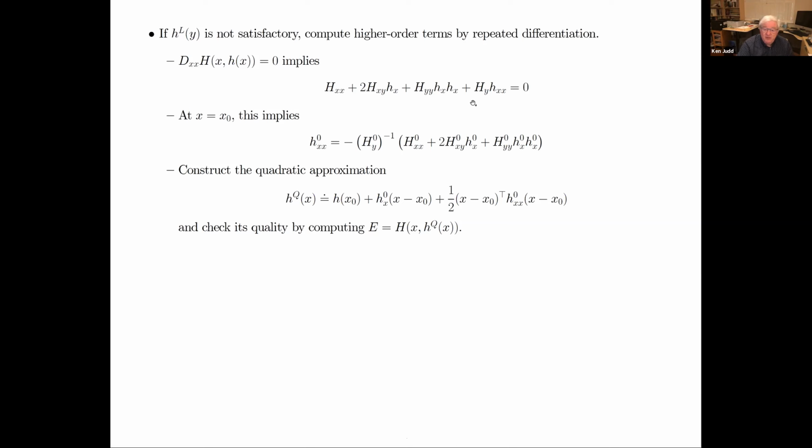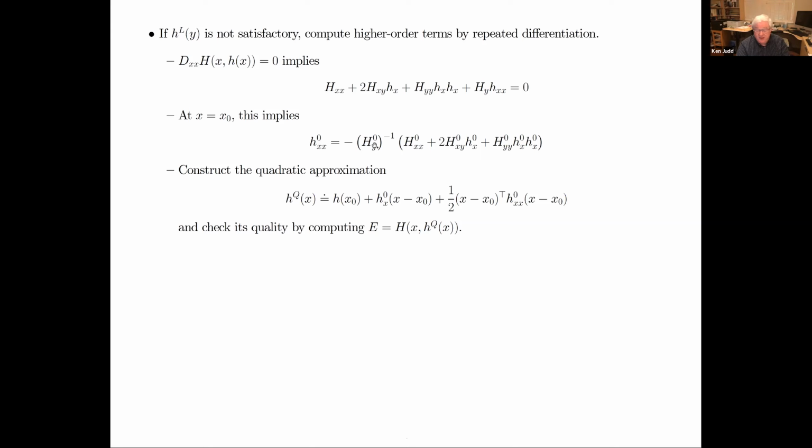Now, notice, however, that at this point, we know what these Jacobians are at x naught. So if we want to know what this second order object is at x naught, then what we do is we gather up all these other terms, and then we hit it with h_y inverse.